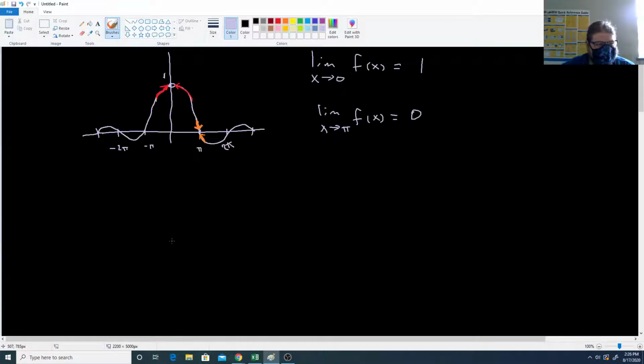Now a limit does have a definition, so we're going to write that out. So we'll say, definition of limit.